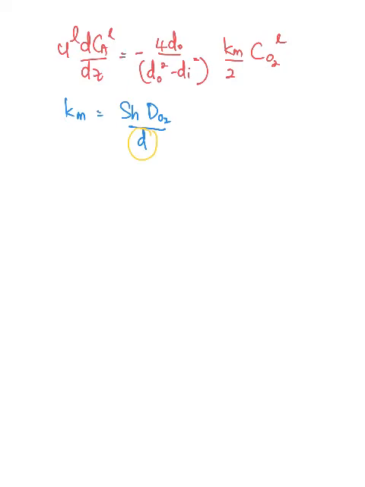Alright, so I draw the reactor again. The reactor consists of catalyst, then the falling film.